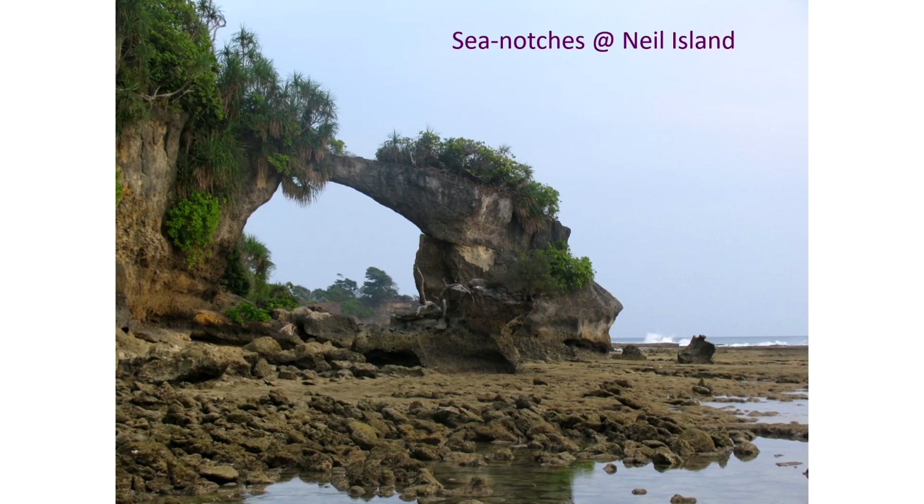Okay. And so this is one very good example of a sea notch at Neil Island. We have an arch also. Okay. So, this is what you can say a sea gate or arch. Okay. And then these are the notches here. Okay. So, we have multiple notches which we were able to pick up.